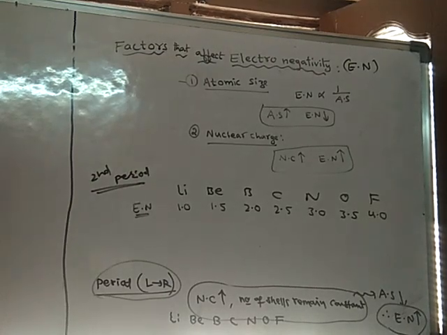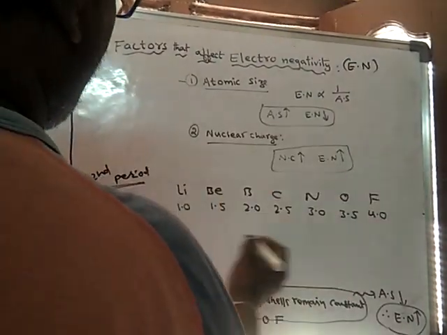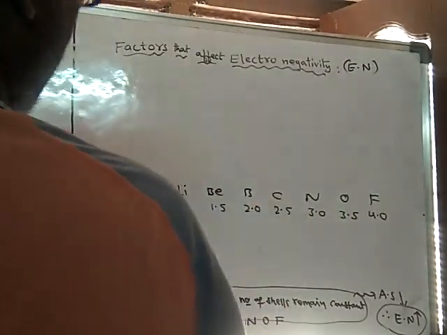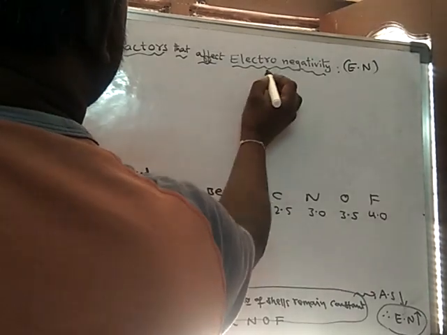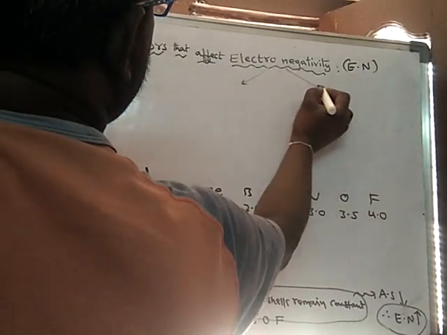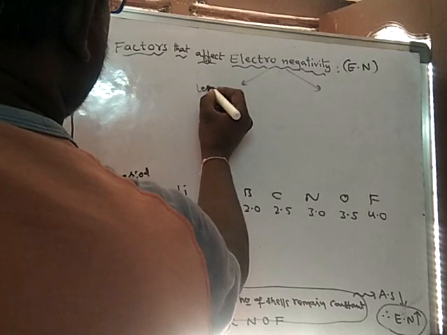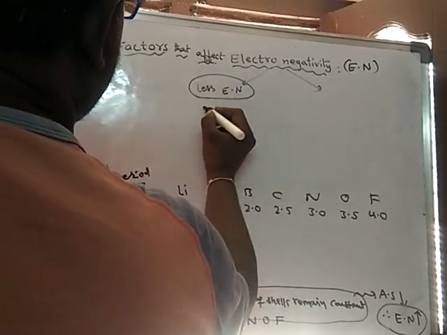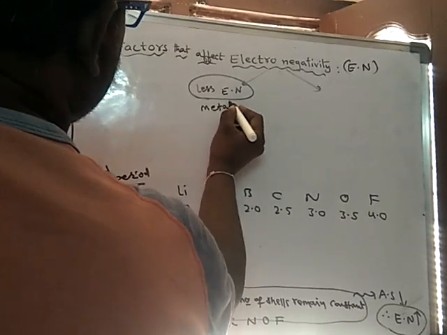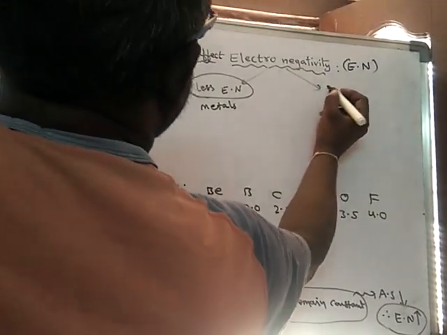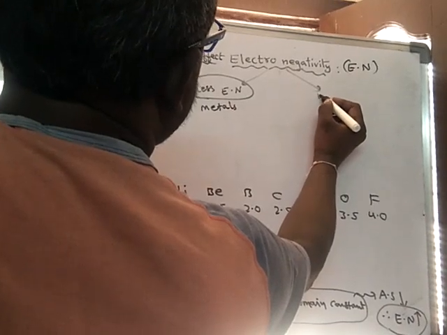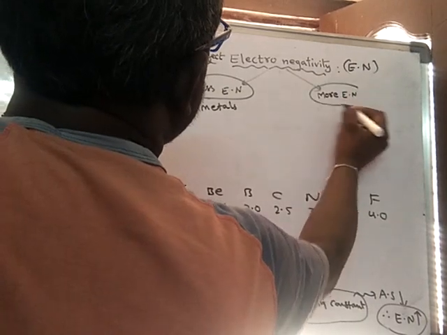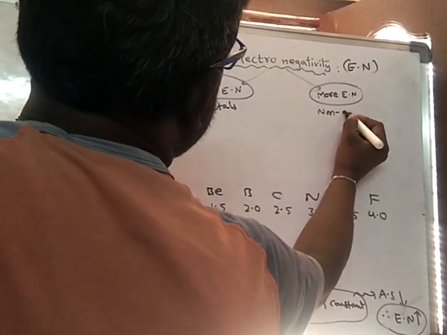One more thing: elements with high electronegativity value and elements with less electronegativity value. Metals possess less electronegativity, and more electronegativity is possessed by non-metals.